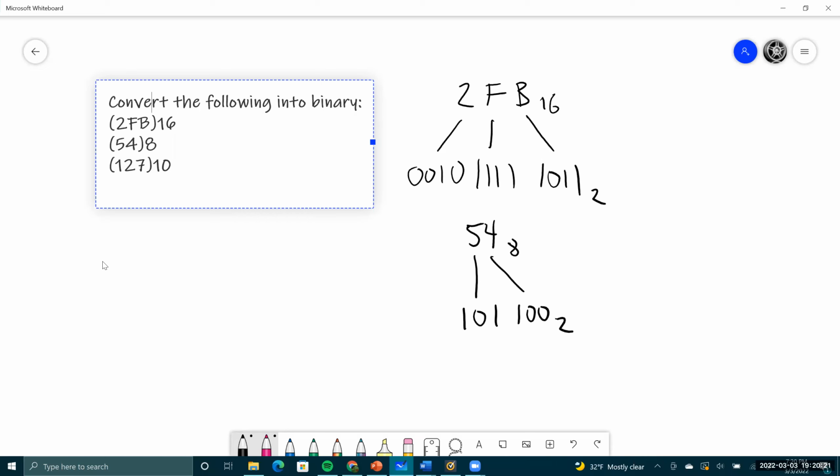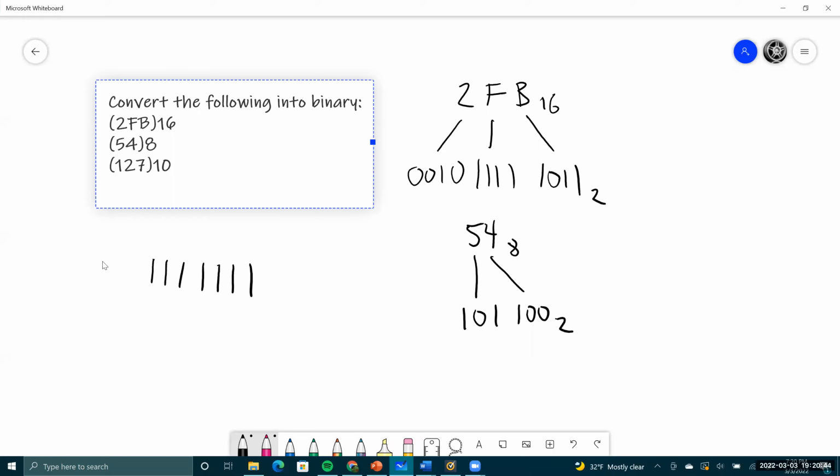Last, 127. So 127 convert to binary. There's more than 2 ways of doing it. One way is divide by 2, right? Divide by the number base. If you do 127 divided by 2, you'll keep dividing, and you'll end up with 1, 1, 1, 1, 1, 1, 1.